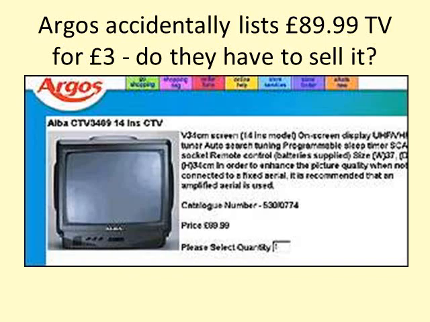So my question to you, have a think about what we've said about Carlill, the Carbolic Smokeball Company, and unilateral offers. Have a think about what we said about those supermarket promotions and bilateral offers, and the brief mention we had of invitation to treat. And I want you to tell me, do you think when Argos accidentally listed these televisions for £3, do you think that they had to sell them for that price?